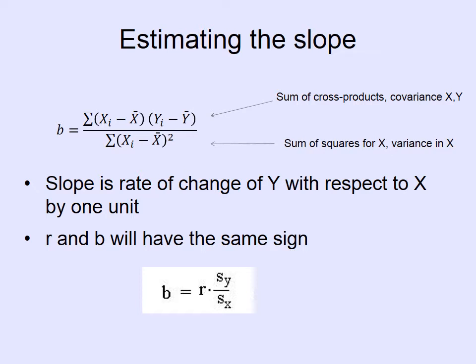If we've done a correlation in our data prior to wanting to do a linear regression, we'll see that our r and b value will have the same sign, and there's actually a mathematical relationship between them, where the slope equals r times the standard deviation of y over the standard deviation of x.